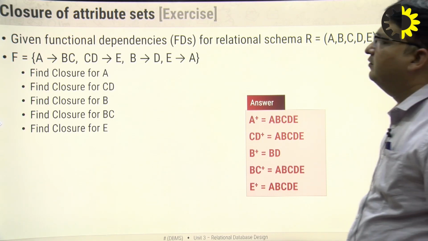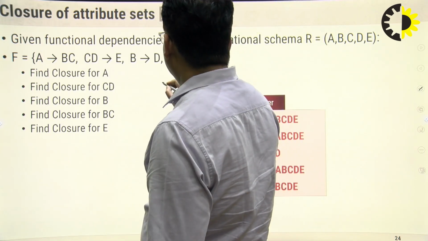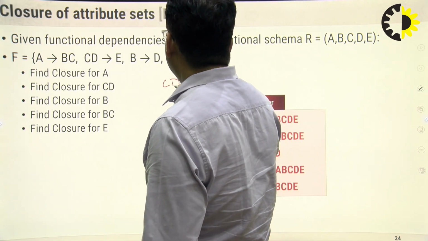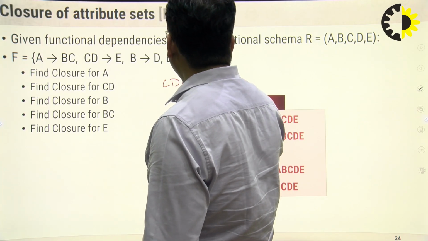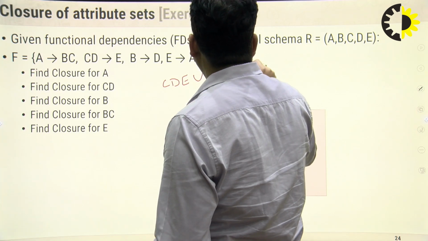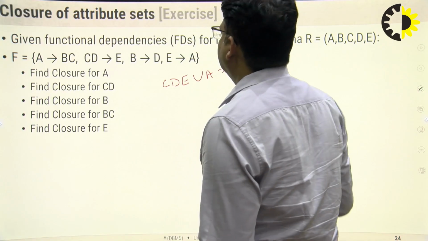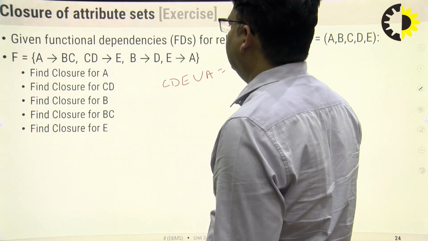Next, we have to compute for CD. Now, CD determine E, then CDE, and from CDE union A, that is CDEA, right?